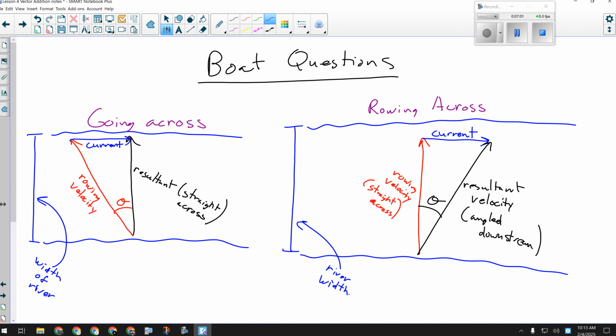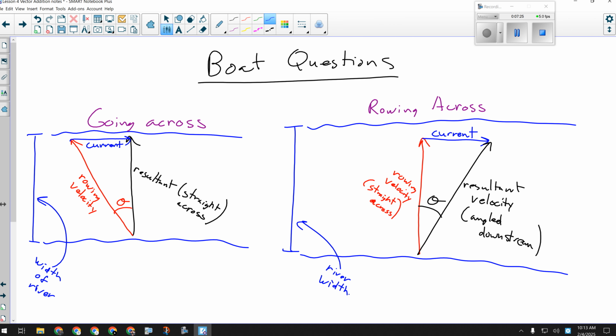So if I'm given a going across question, what velocity do I need to use, red, black, or blue, to figure out how long it takes to get across? This is not something we've done before.